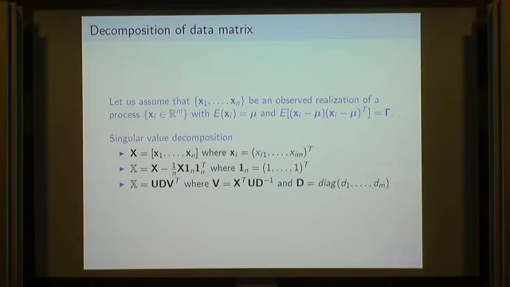So the singular value decomposition of the data matrix X, where xi is this column vector. Now the centered version of this data matrix is this, and we can decompose this centered data matrix as UDV transpose with the usual notation of singular value decomposition. Here D is the diagonal matrix as usual.